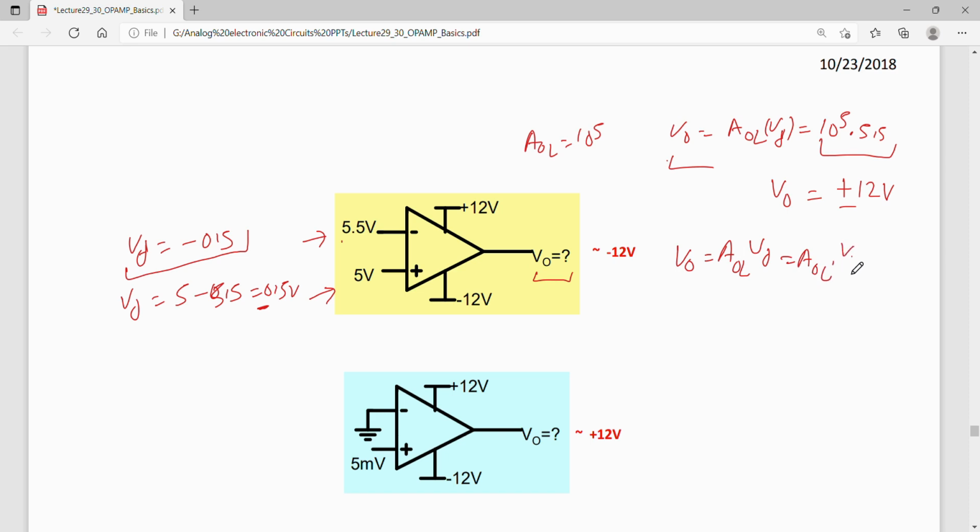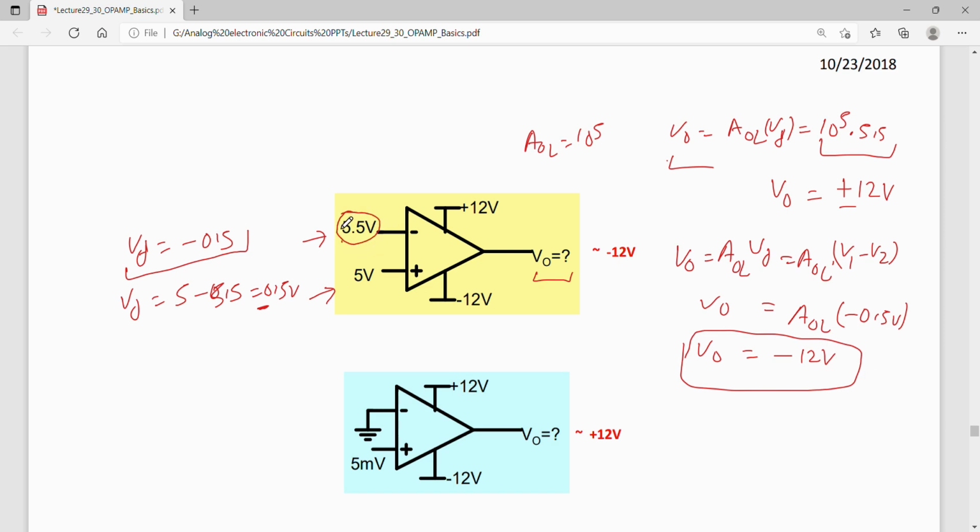That is AOL multiplied by V1 minus V2, and V1 minus V2 is minus 0.5 volts, so AOL multiplied by minus 0.5 volts. So the output will in this case be clipped to minus 12 volts, because the input applied on the inverting terminal is larger: 5.5 is larger than 5 volts.